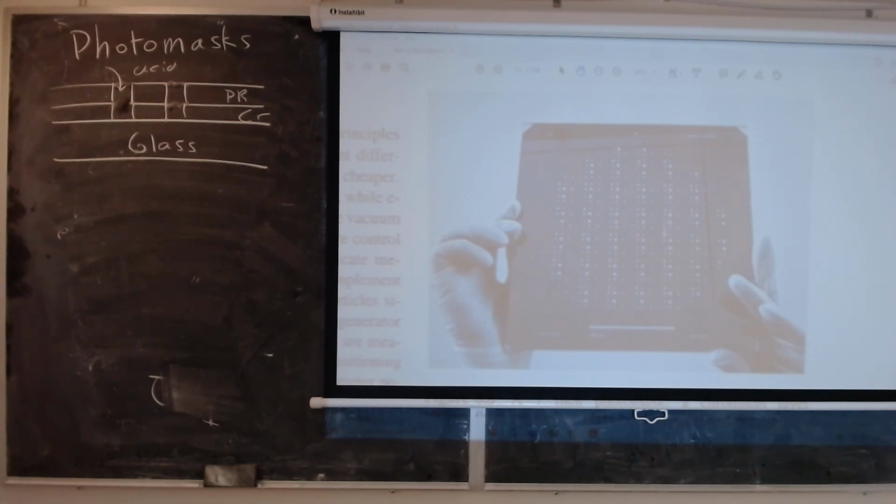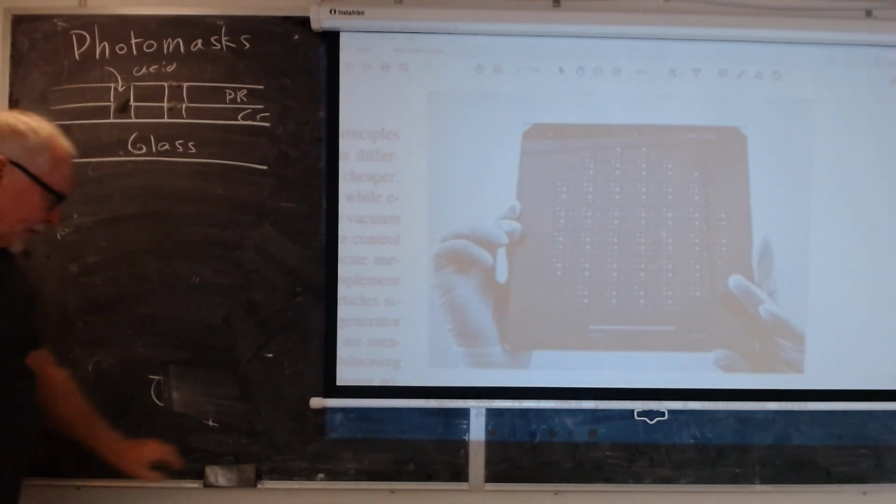The next lesson is where we're going to get started on optical lithography, and you'll see what this photomask is used for.